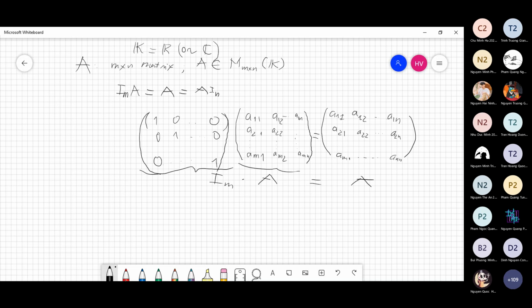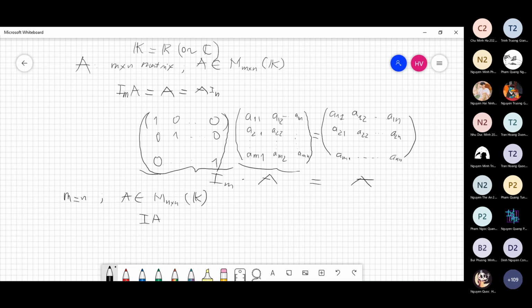And the name identity is clear when we consider m equal n. Then m equals n, this means A belongs to M n by n. Then we can write A I, because A is n by n and I is also n by n, so the n is now clearly understood.